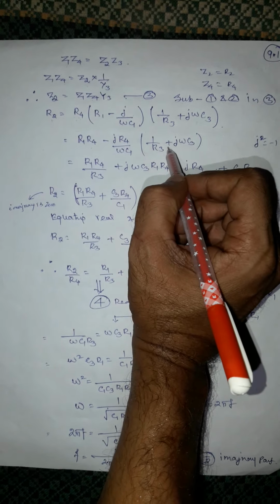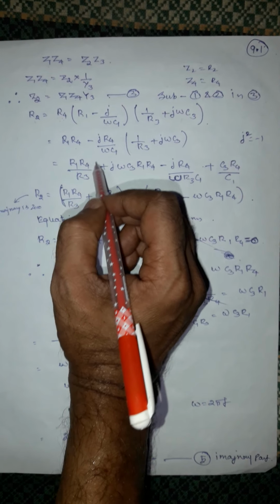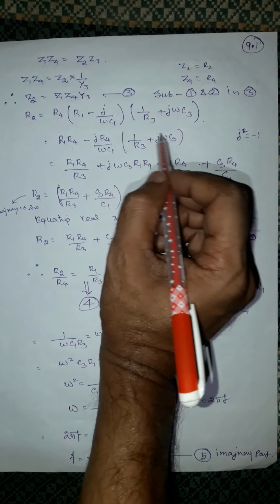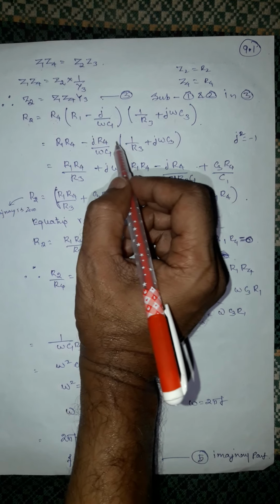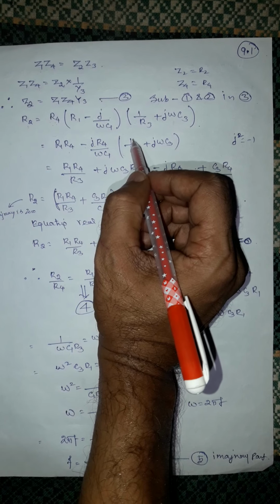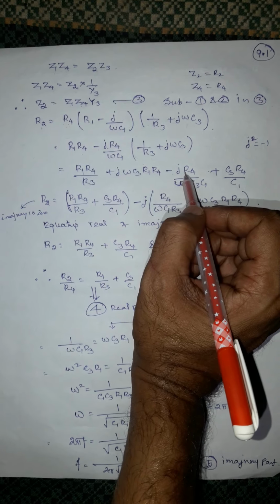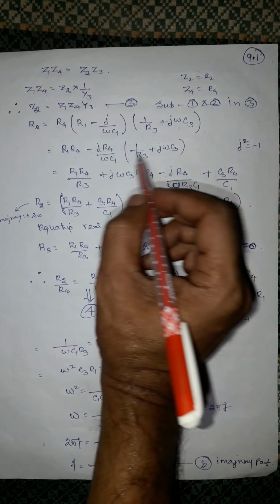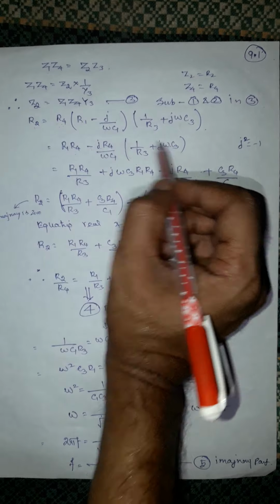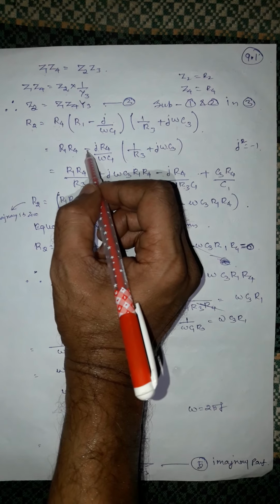Then multiplying, R1 into R4, and minus j R4 divided by omega C1, into 1 divided by R3, equal to minus j R4 divided by omega C1 R3. Then multiplying these two, j square equals minus 1, so minus into minus gives plus.